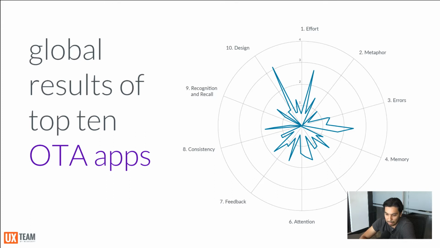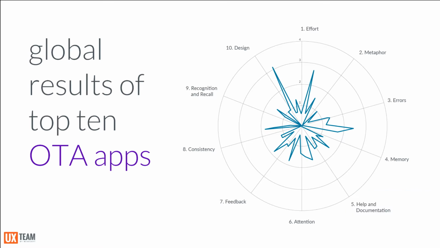Yeah, so based on our research, OTA apps struggle the most with 3 main common usability errors. And as you can see on the chart, it represents the results of the heuristic evaluation that we made, as well as the opportunity areas.